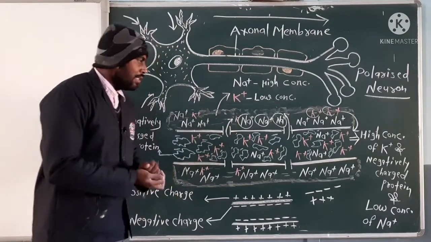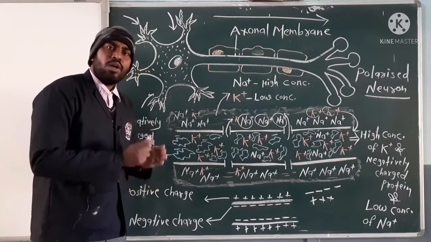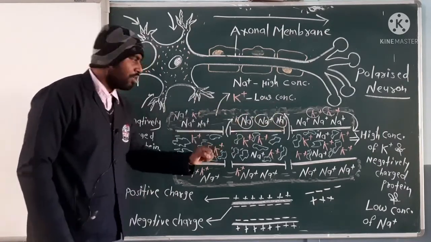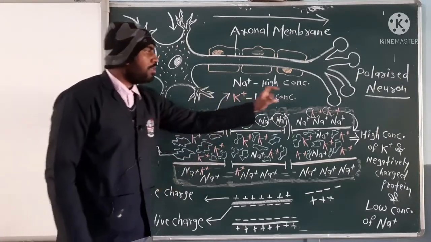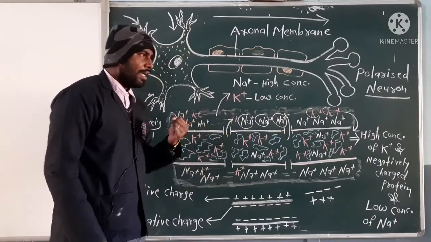This is called the sodium potassium pump: the active transport in which three sodiums are pulled out for gaining two potassium ions into the axon.